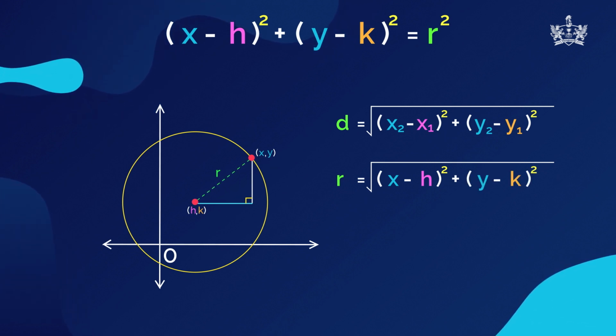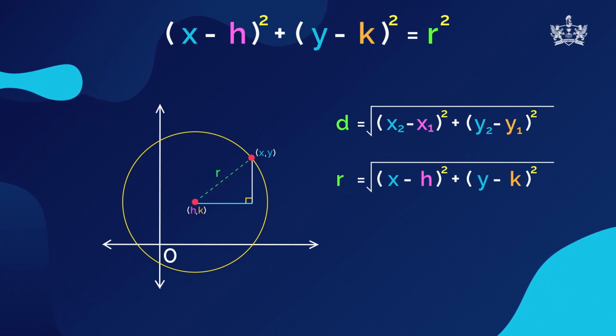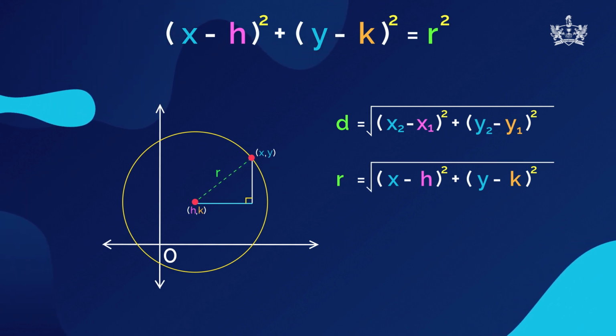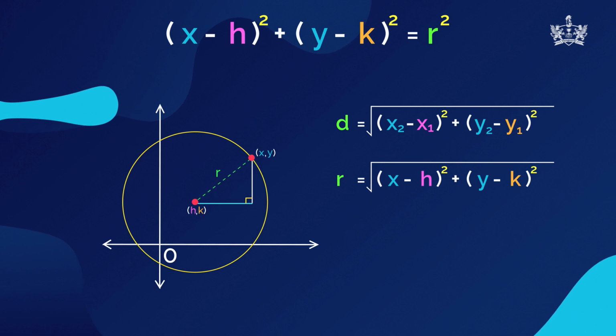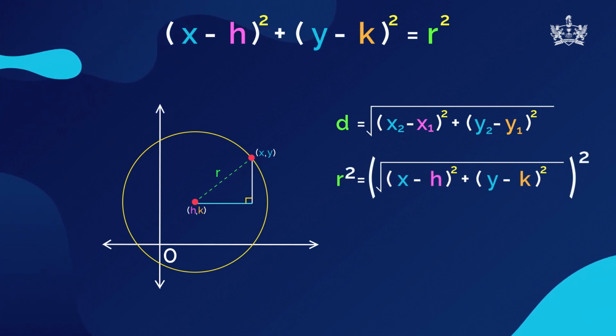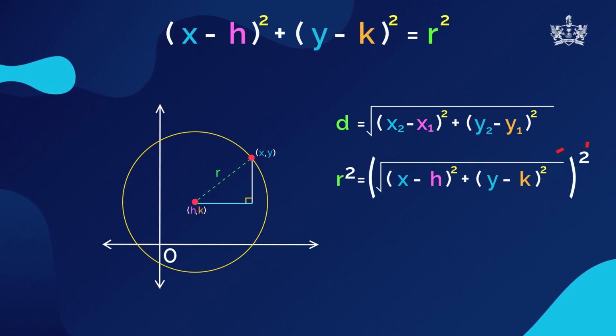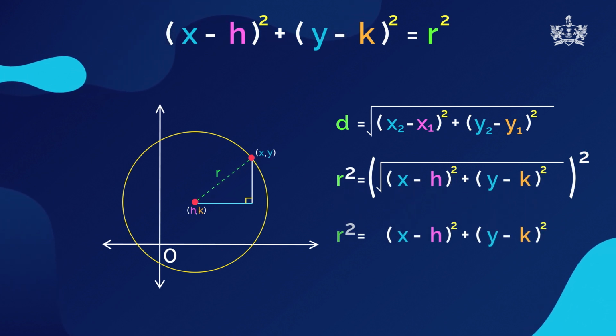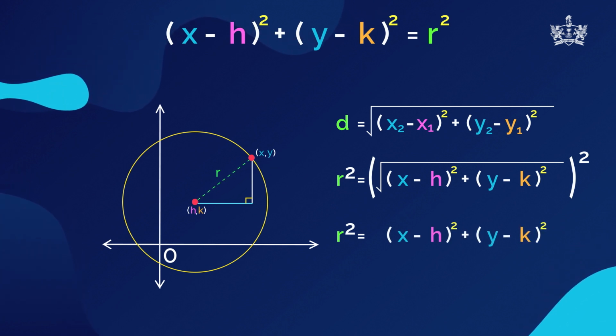Now, we don't really like the square root. It makes it look complicated. So how do we get rid of a square root? Square both sides, of course. So, at long last, you're left with the original circle formula. r² = (x − h)² + (y − k)².